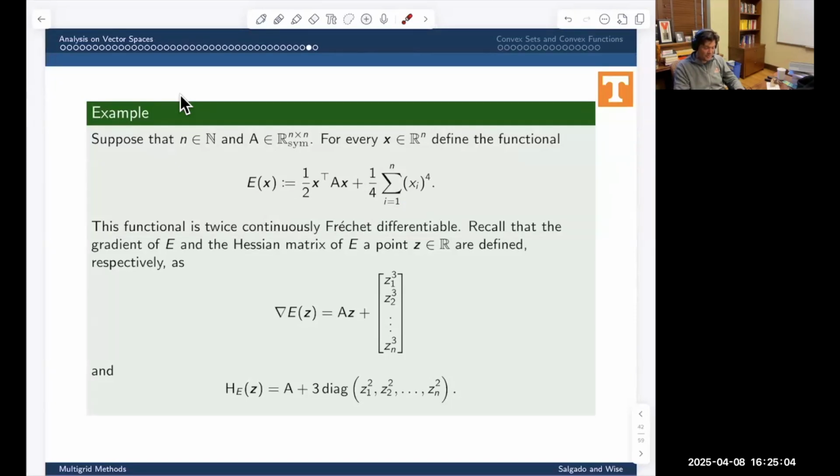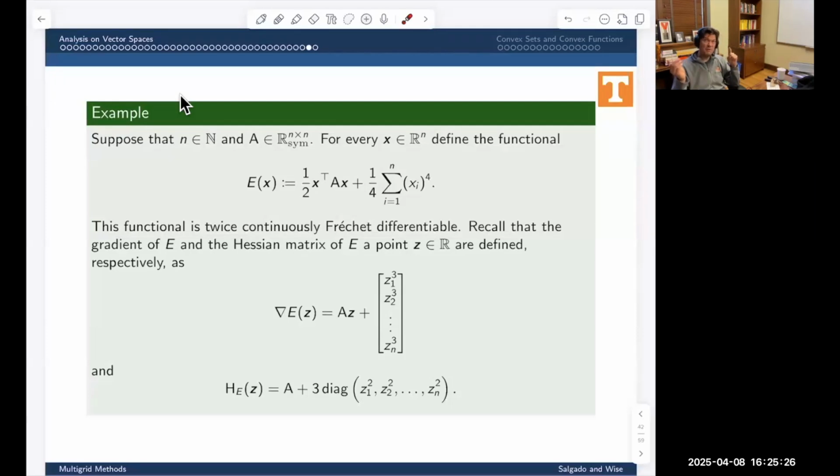Now this functional turns out to be twice continuously Frechet differentiable, and the proof of this is not that hard, actually. You can apply the definition, and you can apply it twice. And you can even apply the definition of continuity to show that the first two derivatives are continuous.